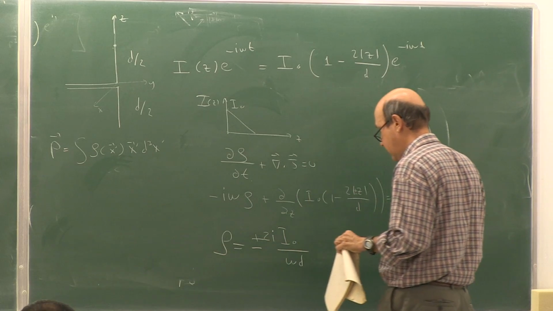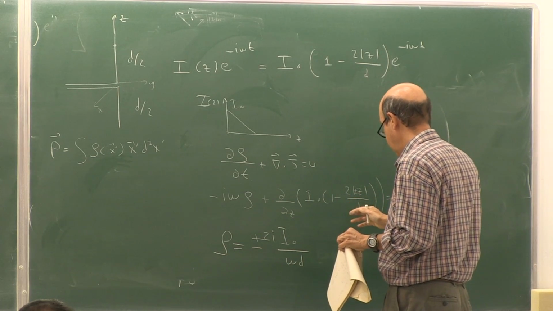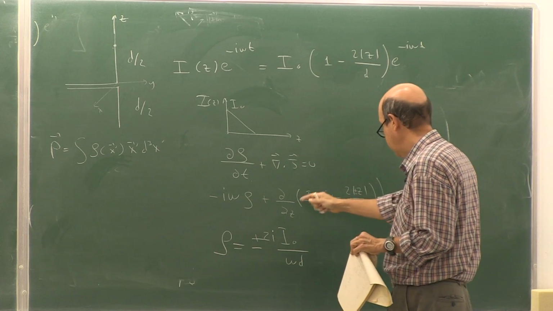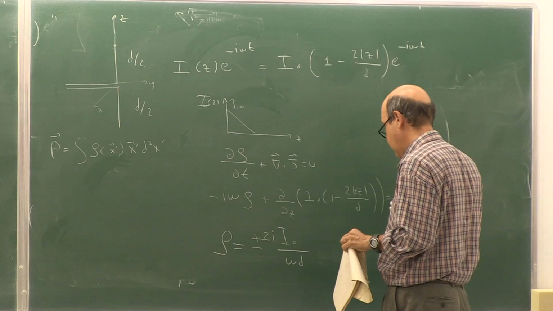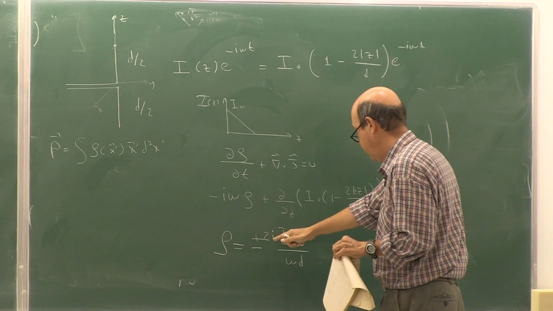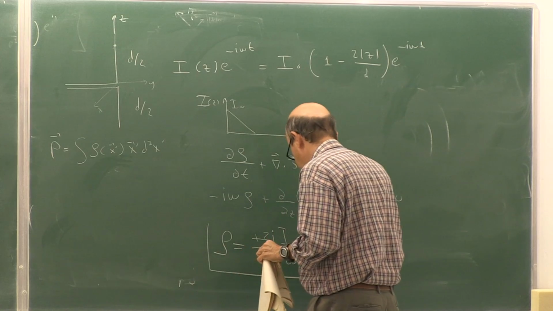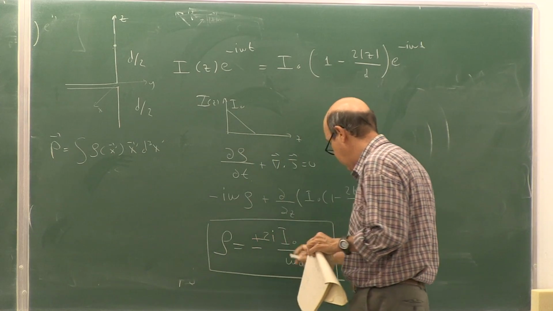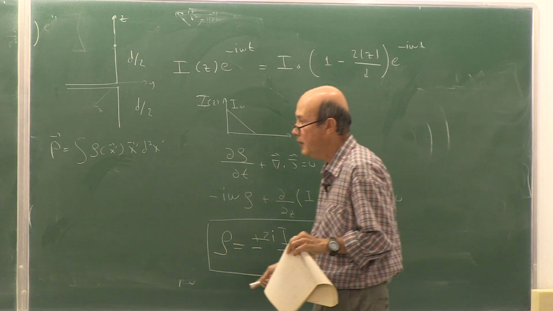So take this to the other side, multiply it by minus. Taking the derivative with positive z, that will be negative, goes to the other side as positive, and therefore multiplying by i, that will be positive. So that is correct. When z is greater than 0, this is plus. When z is less than 0, that is negative.